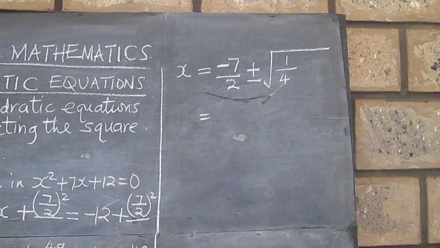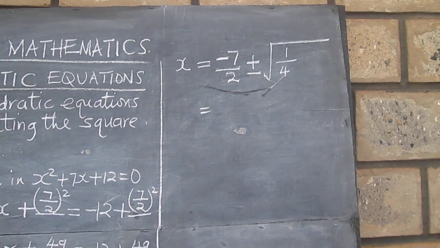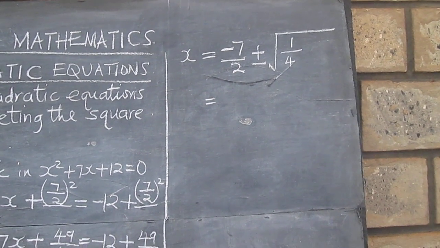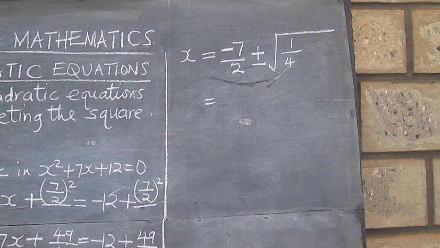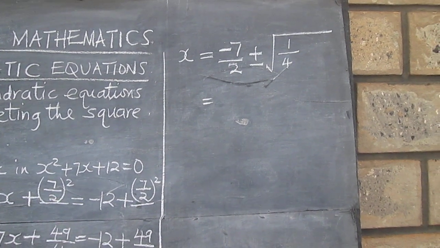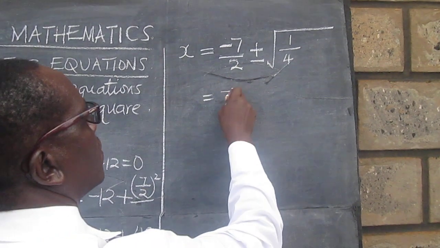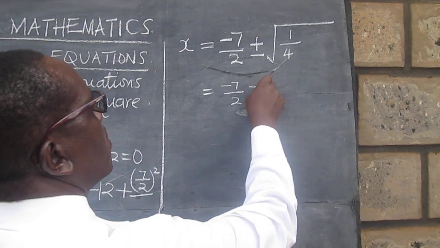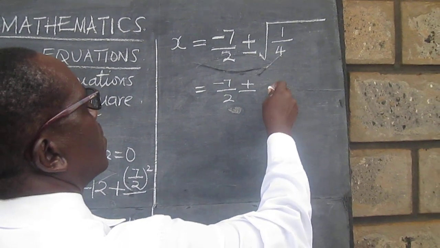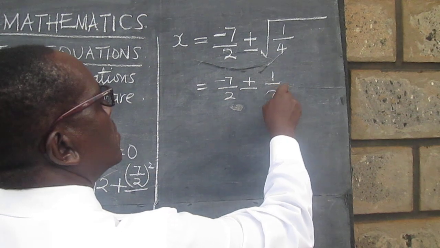From there we can simplify what is in the bracket, and this becomes minus 7 over 2 plus or minus a half.